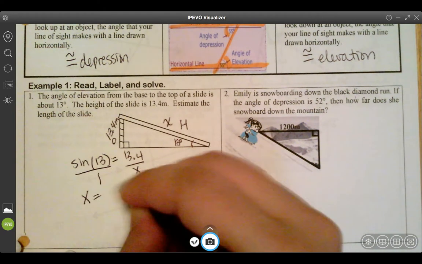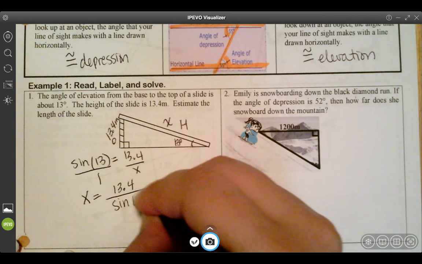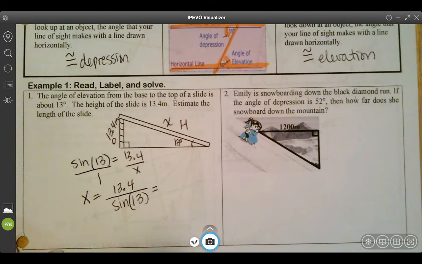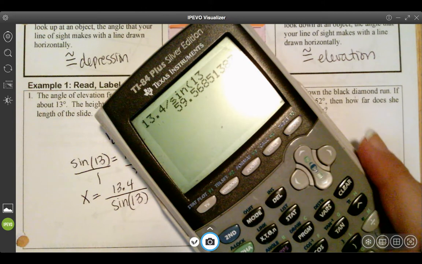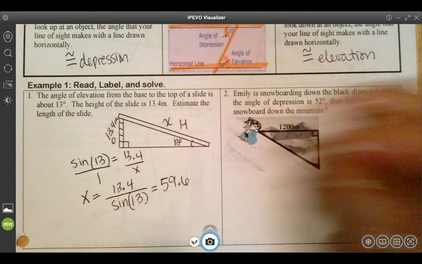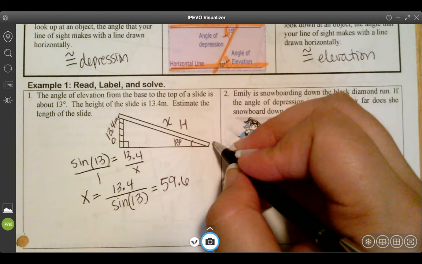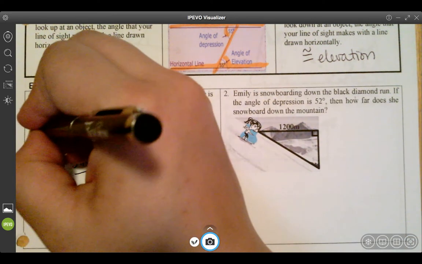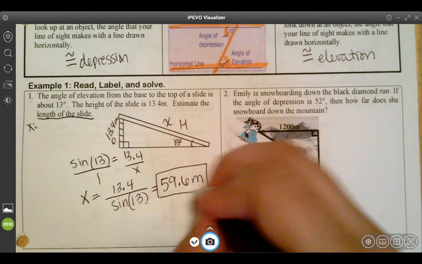X equals 13.4 divided by sine of 13, into the calculator. 13.4 divided by sine of 13 gives us 59.6. 59.6, not degrees, because this doesn't give us an angle measurement. It's giving us the length of the slide. I should label X is the length of the slide, and that is in meters.